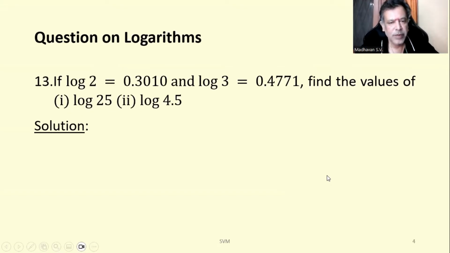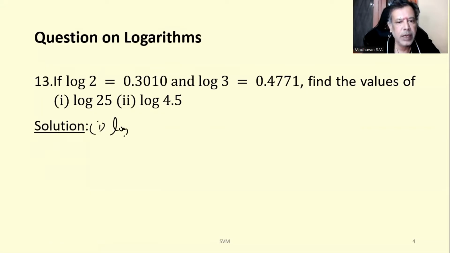If logarithm of 2 is equal to 0.3010, logarithm of 3 equal to 0.4771, find the values of log 25, log 4.5. So first one, logarithm of 25 can be written as logarithm of 100 by 4. This is like log a by b, that can be written as log a minus log b.